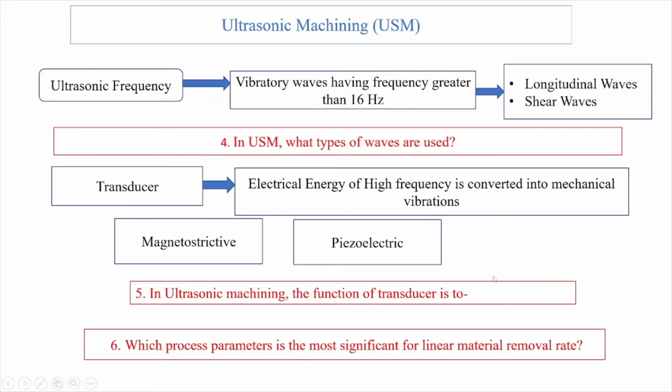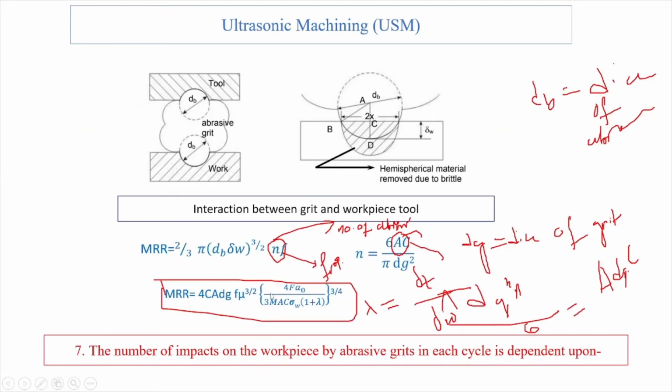Those two techniques are used in the ultrasonic machining process. We have also seen how the vibratory waves affect as longitudinal waves, then the equations for MRR and grit diameter.